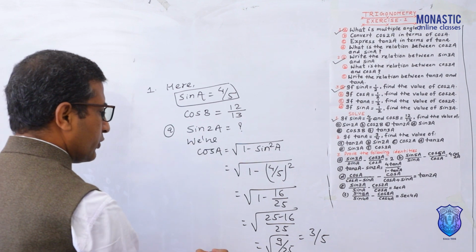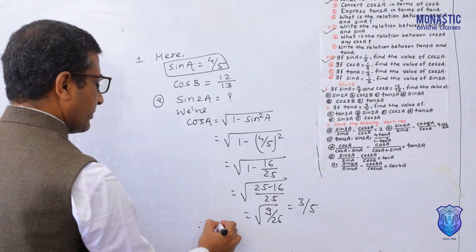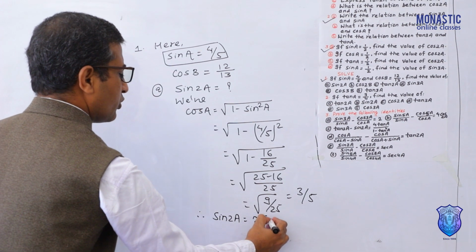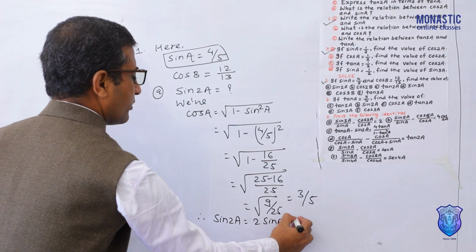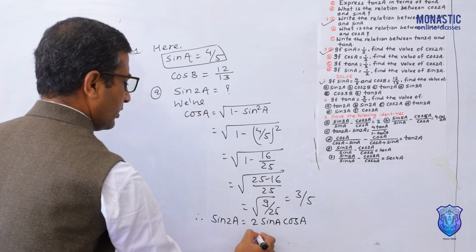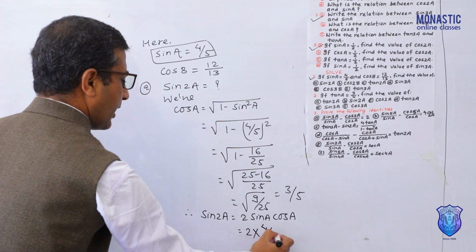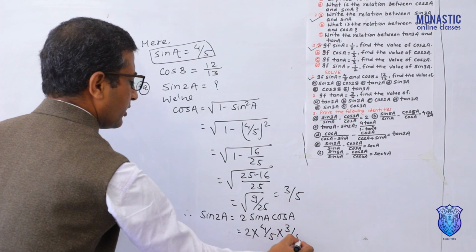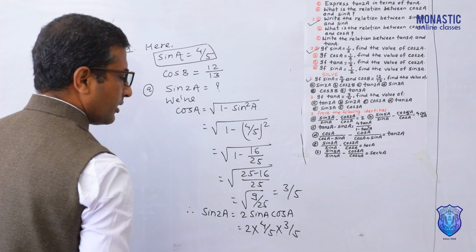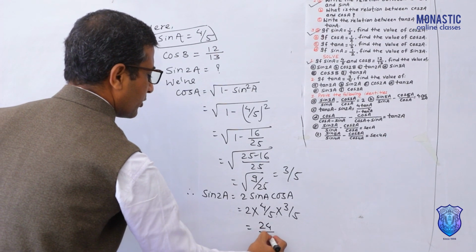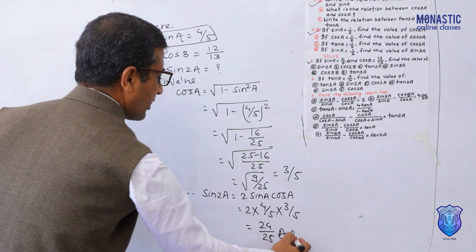Now, since the sin 2A formula is 2 sin A cos A, substitute the values. You have sin A as 4 by 5 and cos A as 3 by 5. If we multiply, it came 24 by 25. That's the answer.